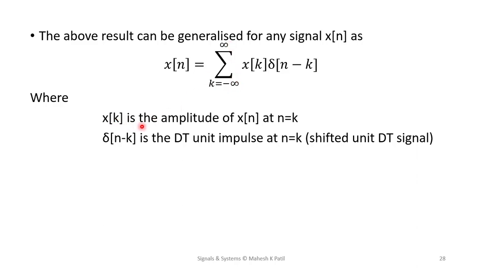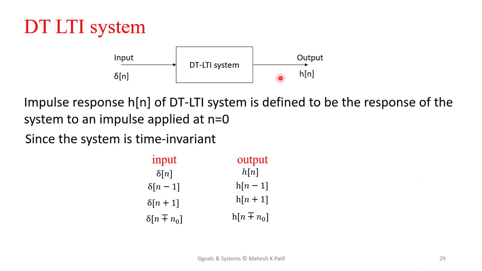So x of k is the amplitude of x of n at n equal to k, and delta of n minus k is the DT unit impulse at n equal to k, that is the shifted unit DT signal. So likewise x of n is represented as the summation of x of k delta of n minus k.